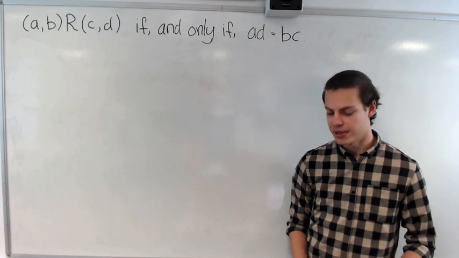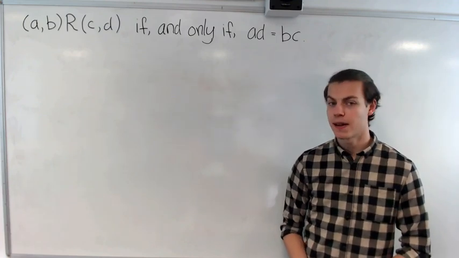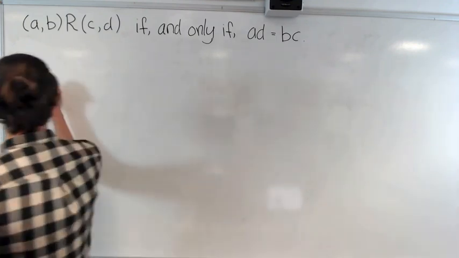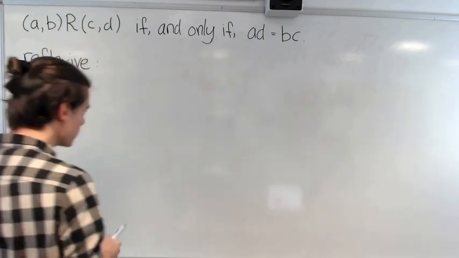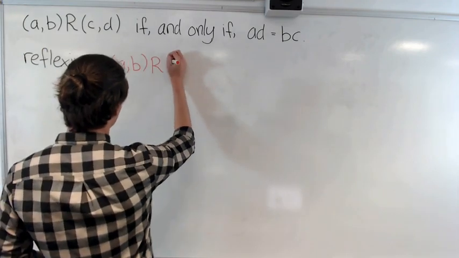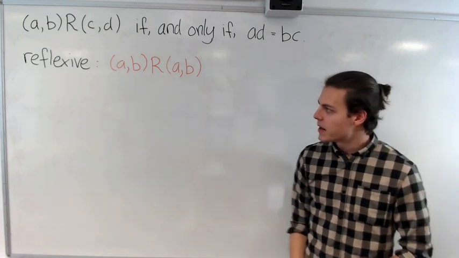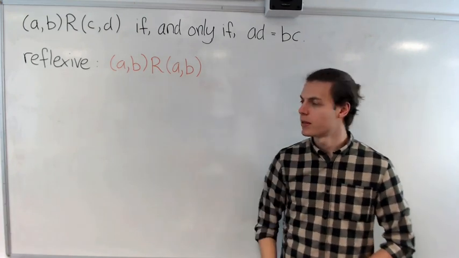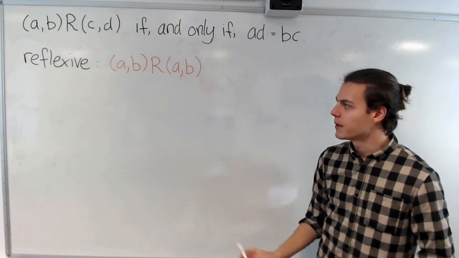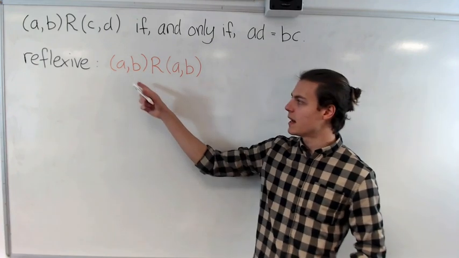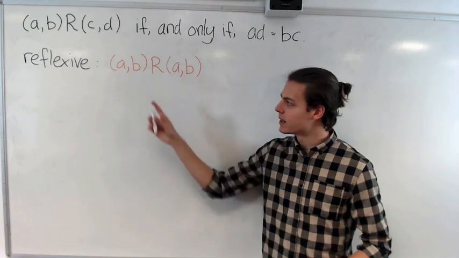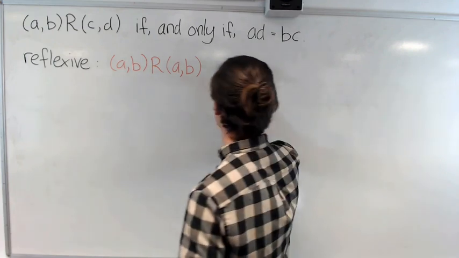Let's check those three properties, beginning with reflexive. Is it true that any pair is related to itself? Yes, clearly it is, since A times B is equal to B times A.